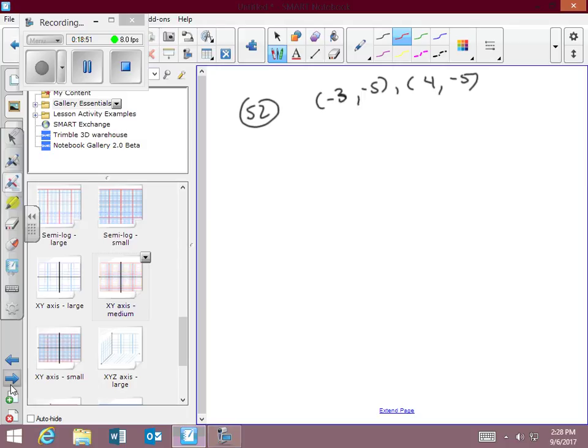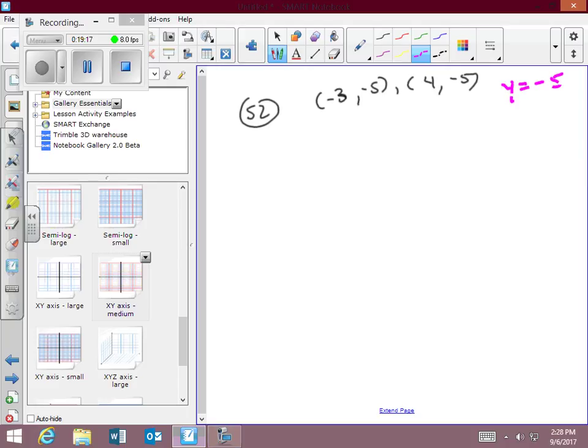You've got a point over here with the y, this, and then a point over here with the same y. It's horizontal. It's probably a horizontal line through what? The y value, which is -5. What do you bet, no matter what we do, we're going to get y equals -5?